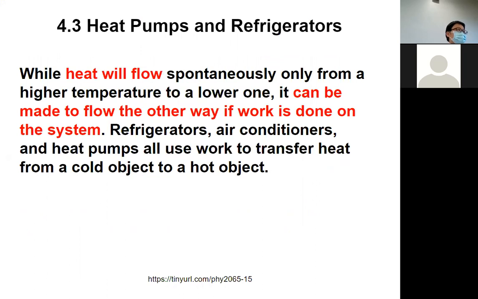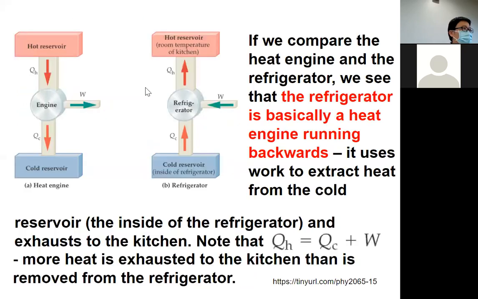For heat to flow from a cold temperature object to a hot temperature object, you have to add extra work. That's the mechanism of a heat pump or a refrigerator. It brings heat from a cold temperature object to a hot temperature object, with extra work done on the refrigerator.